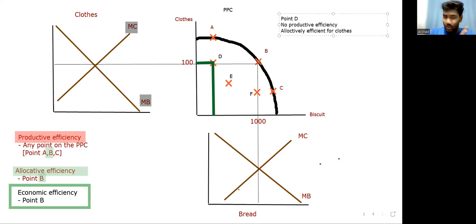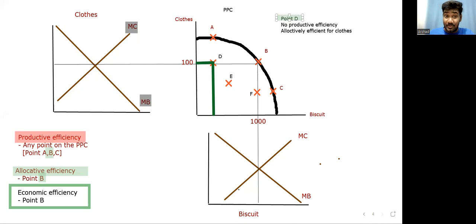Point D: no productive efficiency, and no allocative efficiency for biscuits, but it is allocatively efficient for clothes. Why? Because it is producing the right amount of clothes. Based on marginal cost and marginal benefit for clothes, you have to be producing 100, so they are producing that 100. Fine. So they're allocatively efficient for clothes. Is that clear, guys? Yes or no?